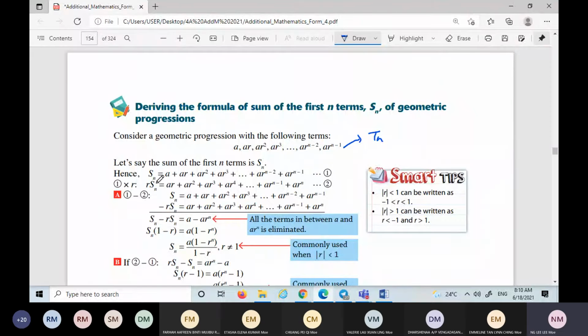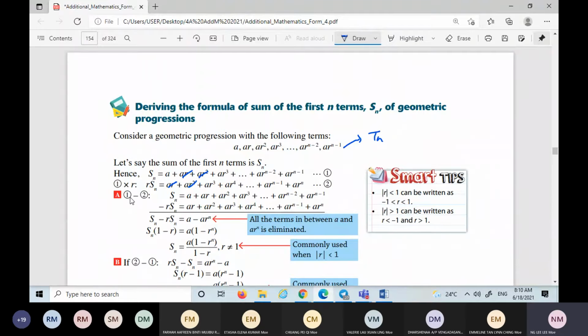First equation times R: left hand side times R, right hand side every term times R. So this is what you get. Next you just subtract, so that all these terms will be cancelled off. Either first equation minus second equation, or second equation minus first equation. So two formulas will come out, but actually both formulas are the same. We will see how afterwards.